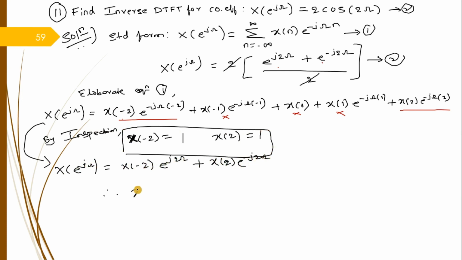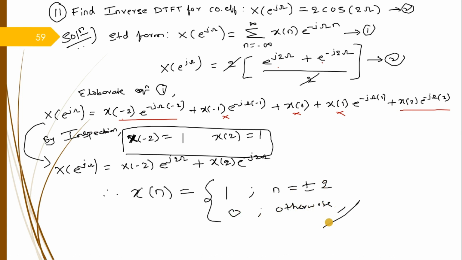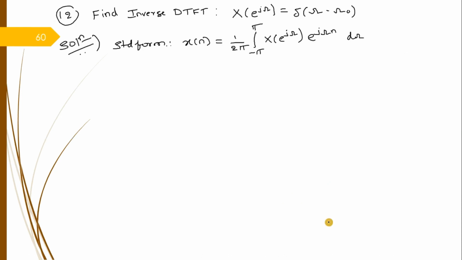Therefore x of n is 1 for n equal to plus or minus 2, and 0 otherwise. That's your answer.